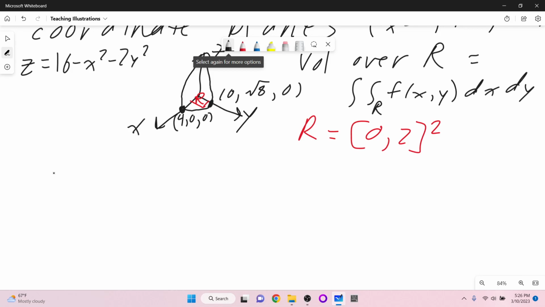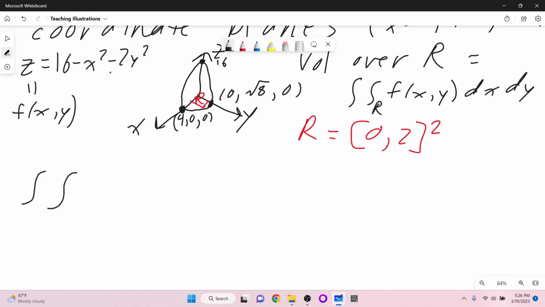So let's integrate. Okay, so yeah, f of x, y is z. That's what I was trying to say earlier, and I stumbled over my words a bit. But we're going from a floor where z equals 0 to a ceiling where z equals 16 minus x squared minus 2y squared. Since the ceiling is variable, we have to use the integral to add up across all the different parts of the region.